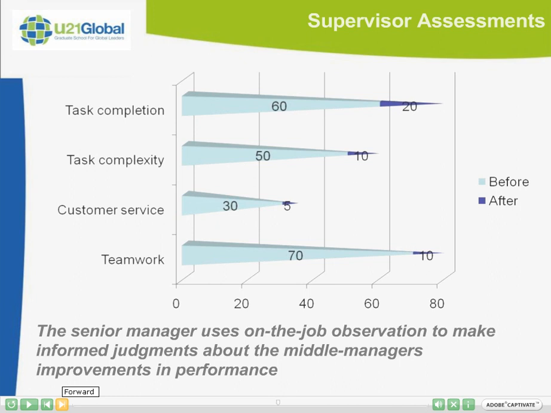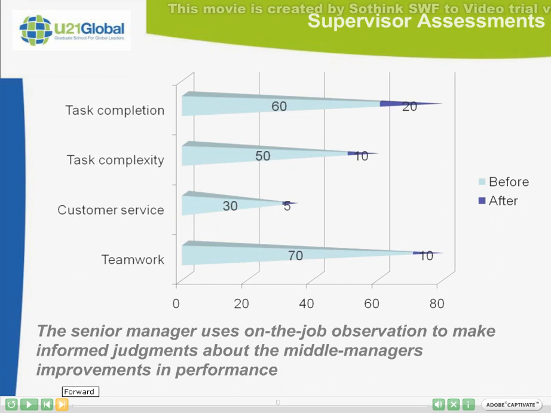There are 4 areas of consideration: task completion, task complexity, customer service, and teamwork. And you can see here that the supervisor has made some assessment as to the extent to which a particular middle manager has improved that area after having completed the training program.